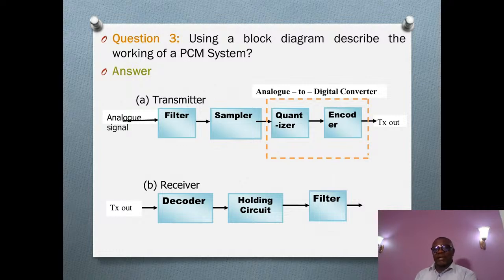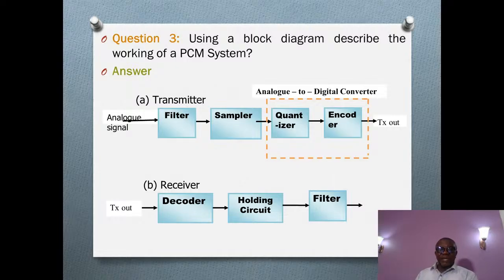It will try to get the values of the signal at different points and code them into their binary equivalent using some techniques. Those binary bits equivalent to the amplitude of the signal selected at different points are encoded by the encoder and transmitted out.